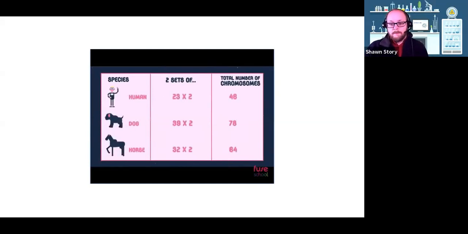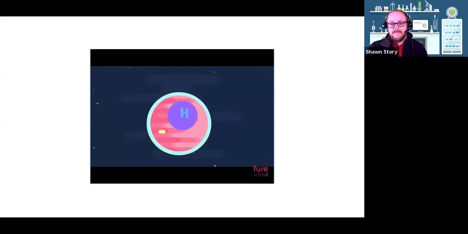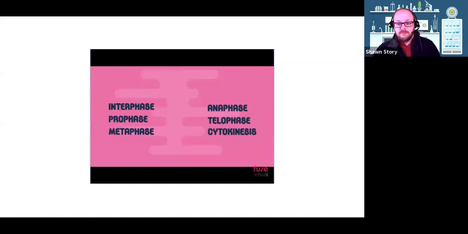Different organisms have different numbers of chromosomes. And to keep it simple, we are just going to look at what happens to one pair of chromosomes during cell division. Before we start, just a quick reminder that a chromosome is made up of 2 chromatids, one from the mother and one from the father. So mitosis, with our special sciencey names, I just remember IPMAN, to remember which order the stages go in.